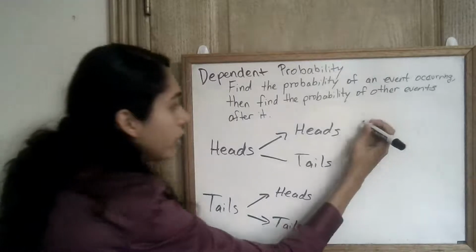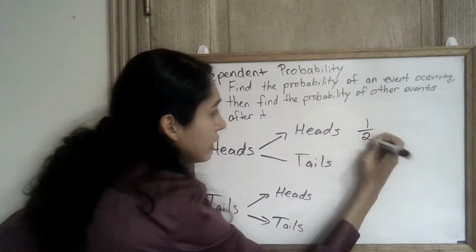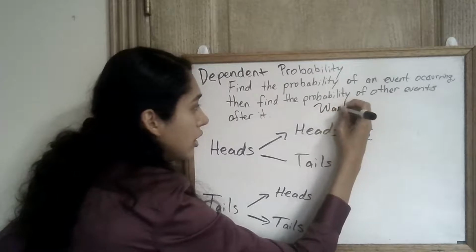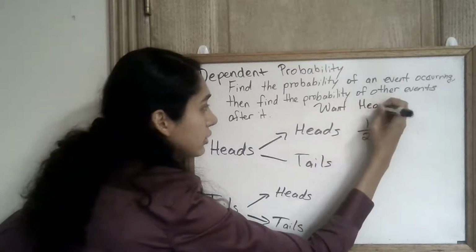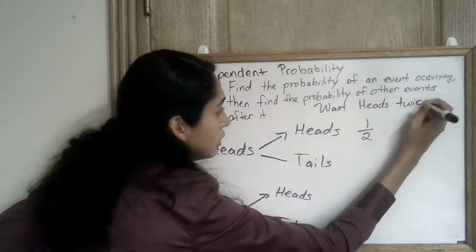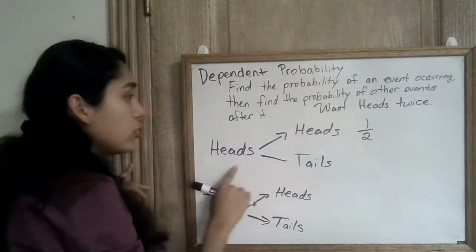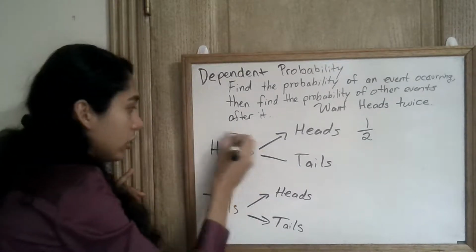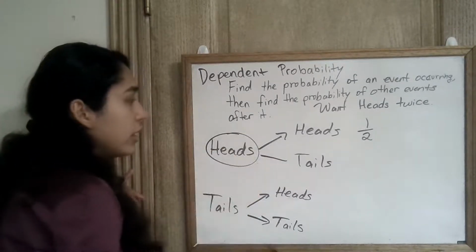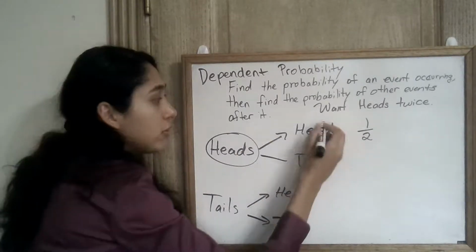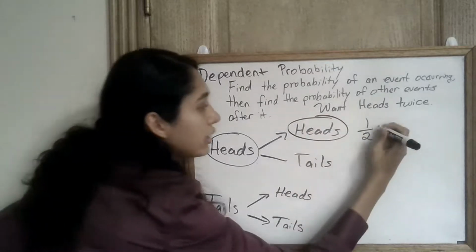So let me explain. We have a 1 out of 2 probability. So I say I want heads. There's a 1 out of 2 probability that it will fall on heads, right? And then from heads, there's a 1 in 2 probability that it will fall again on heads. So I can just multiply.